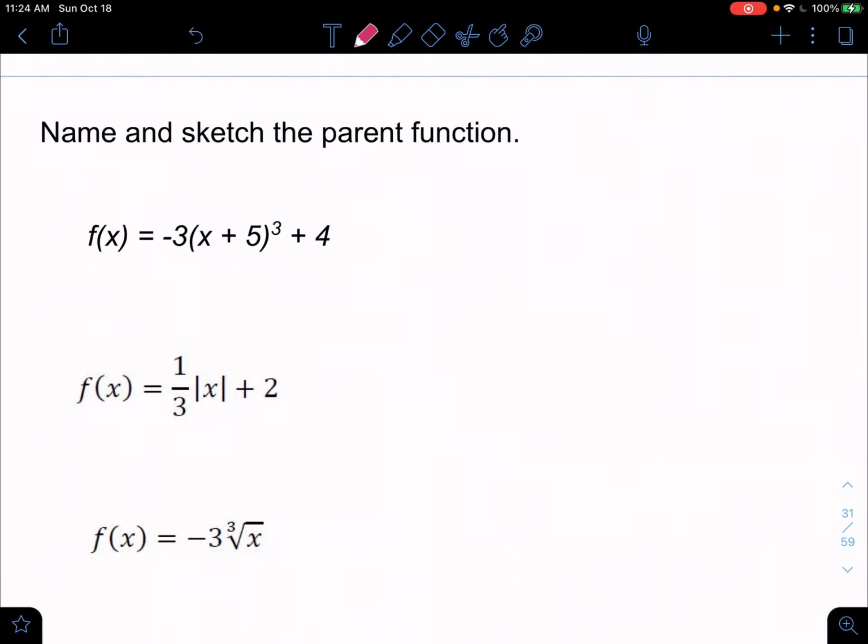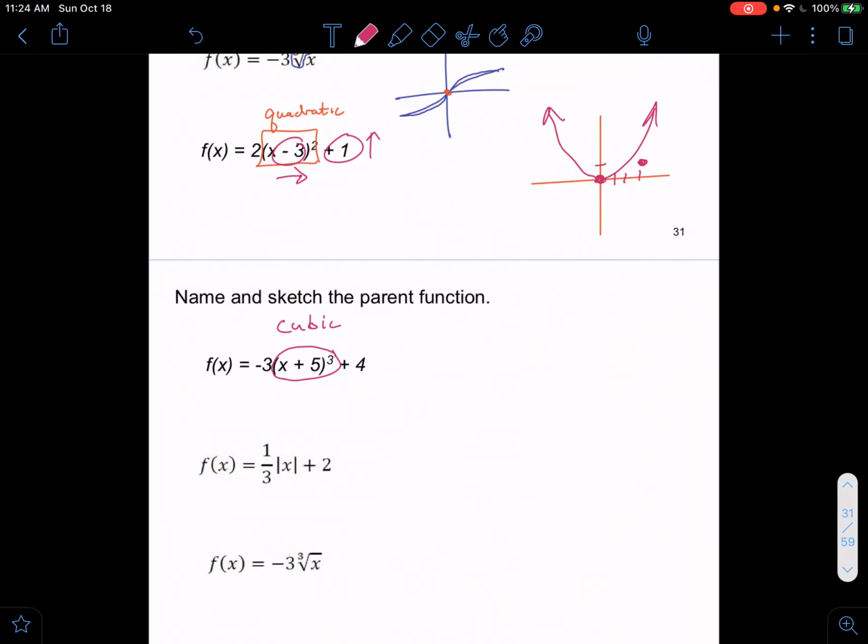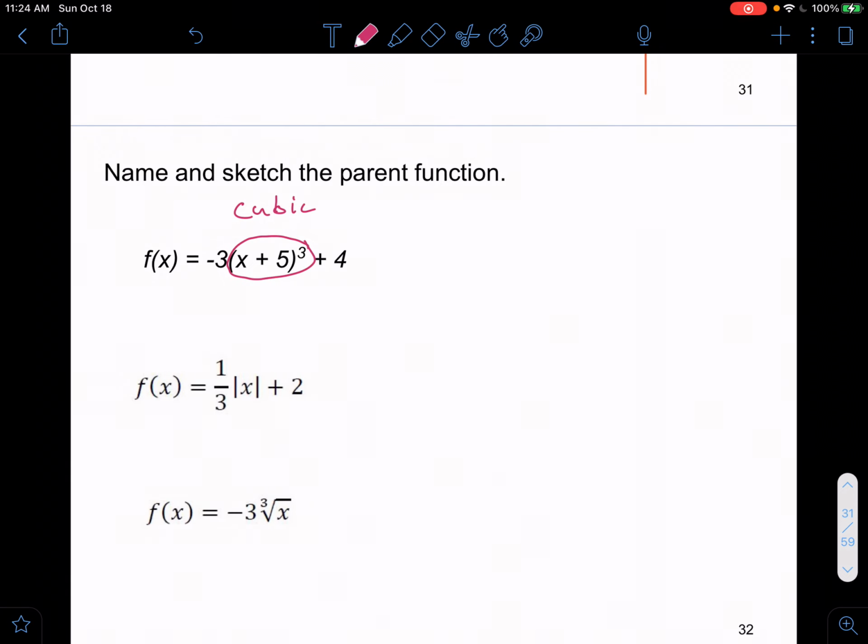Last slide of these. Here we go. Looking at this one, we have something cubed, so we know this is a cubic. If that is being cubed, then our parent function for that will look like this. And remember, our original locator point starts out at 0, 0.